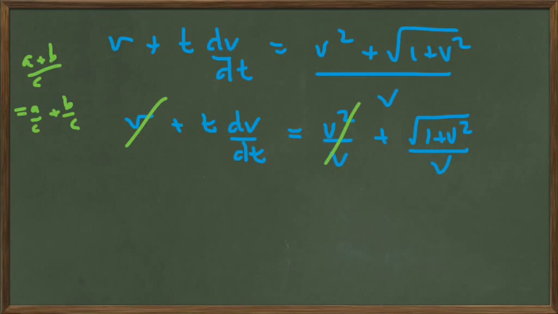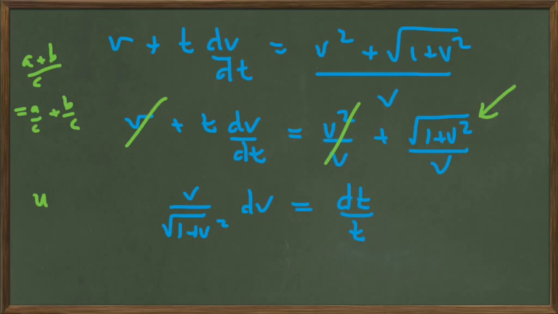And then we notice that we've got a v canceling on both sides, because we have v on the left side and v squared over v on the right side. What remains is separable. We're going to be able to put the v on the left-hand side and the t on the right-hand side. So we're going to divide through by this and multiply by dt over t to get this.